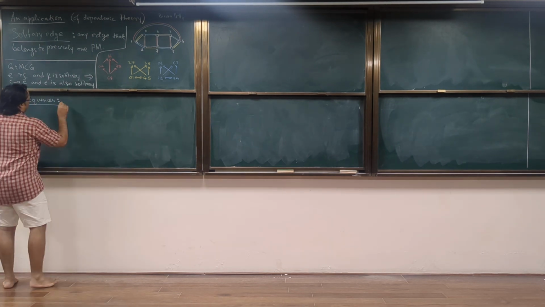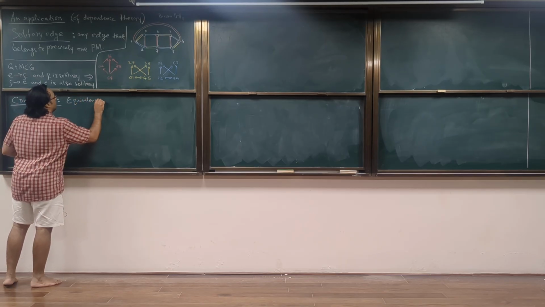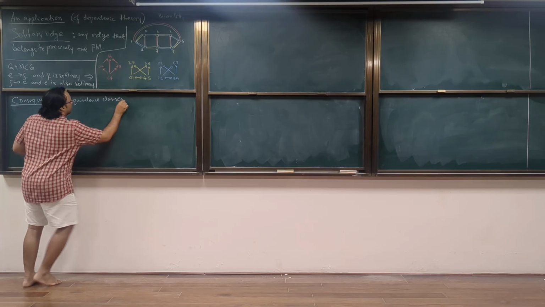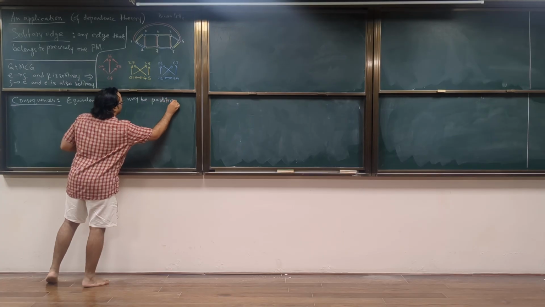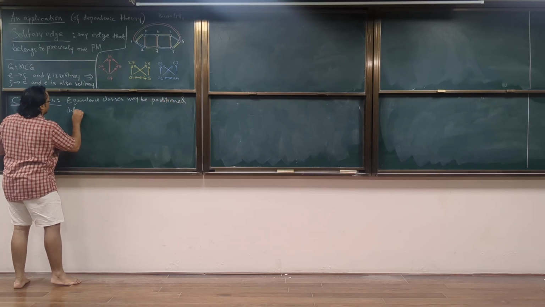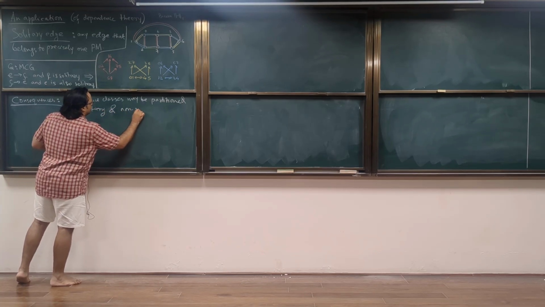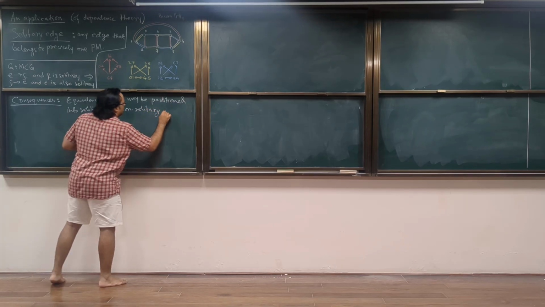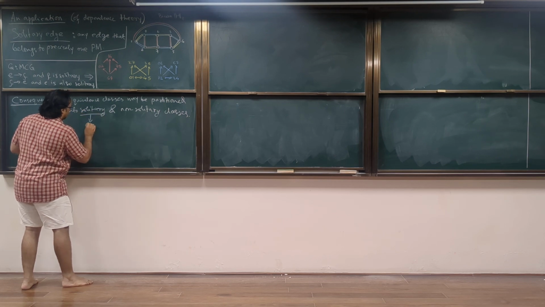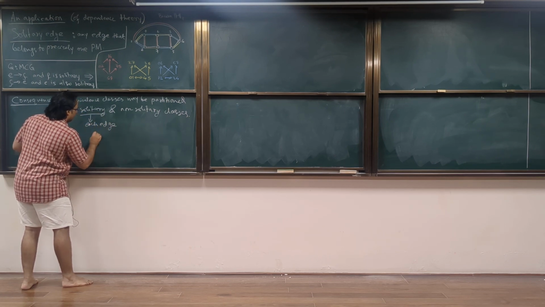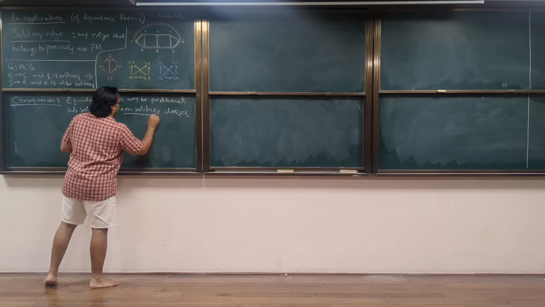So equivalence classes may be partitioned into solitary and non-solitary classes, where solitary means each edge is solitary and non-solitary means no edge is solitary.